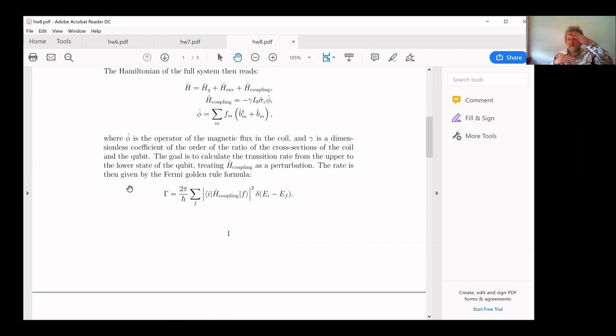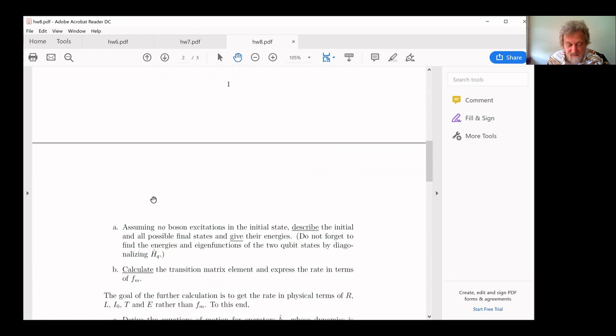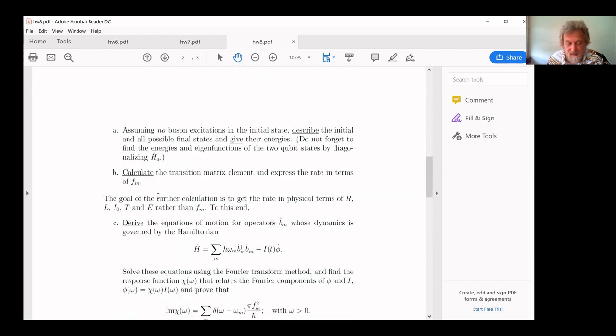And this qubit can be in two states, and the state of high energy can decay. As in many problems with decay, we treat the coupling Hamiltonian as a perturbation. The Fermi golden rule formula is given, and we can proceed with the tasks.